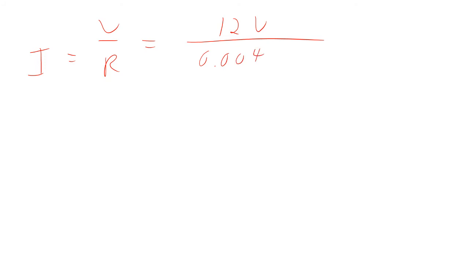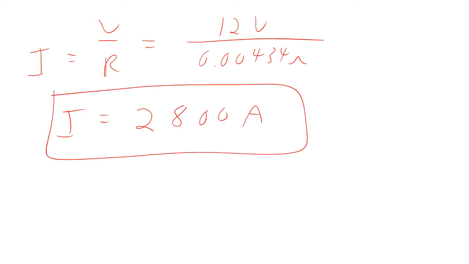Okay. So the current is V over R, so that'll be 12 volts divided by the 0.00434 ohms. So the current is going to be a huge 2,800 amps. Now, in reality, an automobile battery cannot provide that amount of current.